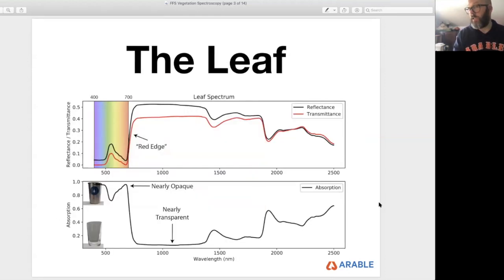And now let's look at the leaf. So the leaf is basically black in this visible spectrum, where the absorption is 95% in most of it.